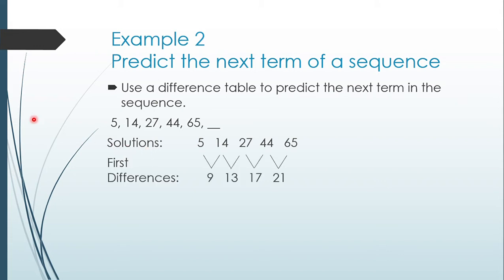And then next is to find the first differences. Again, 14 minus 5 is 9, 27 minus 14 is 13, 44 minus 27 is 17, 65 minus 44 is 21. Since the differences are not equal, proceed to second differences.